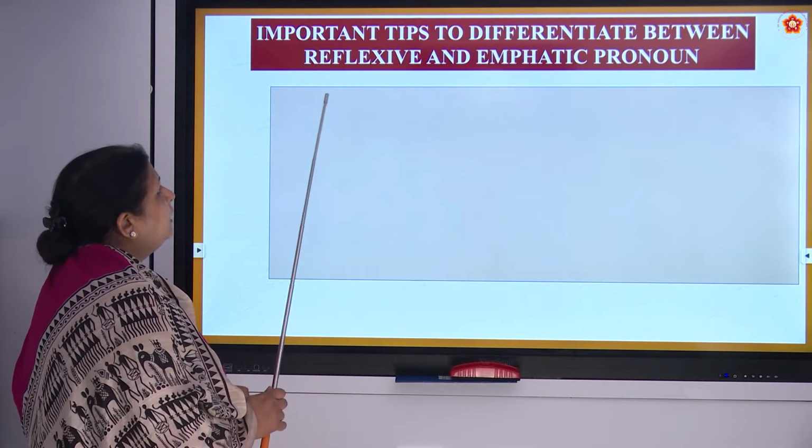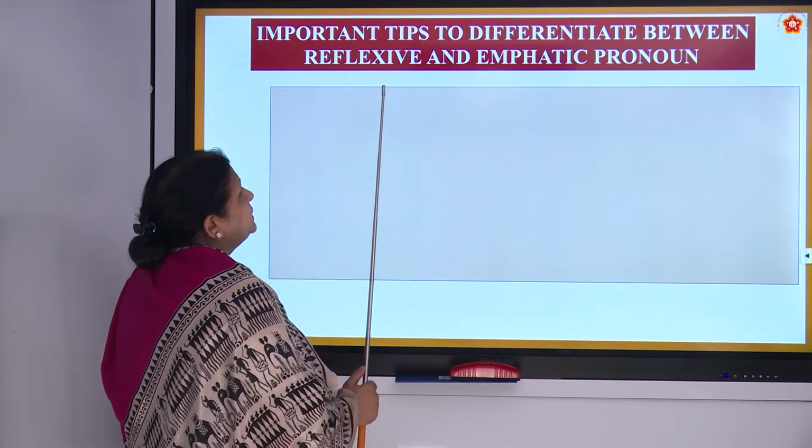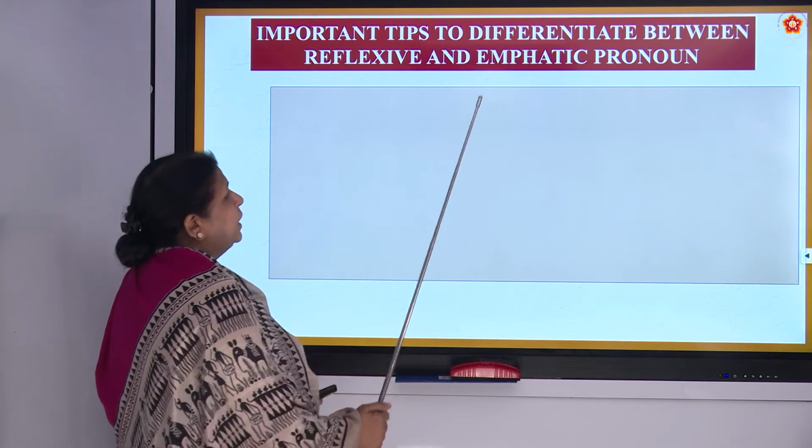Okay. Important tips to differentiate between reflexive and emphatic pronouns.